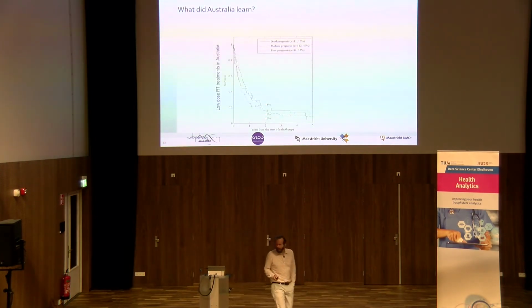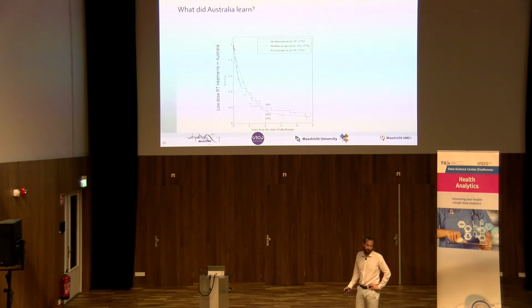This is the result. So these are patients in Australia that got a low dose of radiation. The first thing you see is that about 1 in 5 patients survives. Right? That's lung cancer. It's a very poor outcome disease. But also what you see, there's this black line here, which are patients that the Australians gave a low dose.